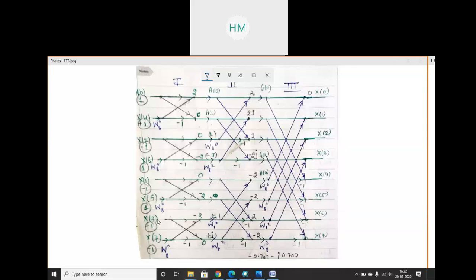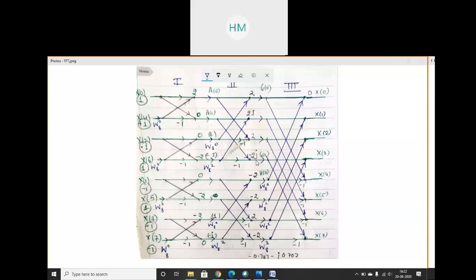x of 6. x of 7. x of 7 is my minus 2j. That is g of 3. Then minus of 2 w8 3. What is w8 3?